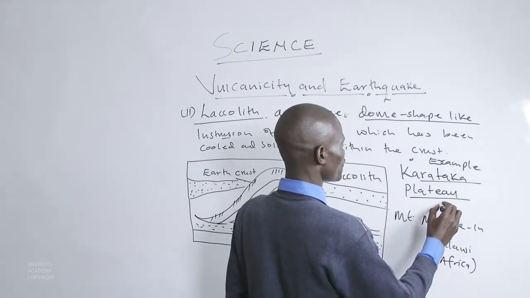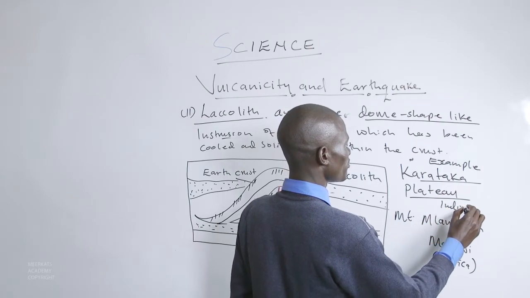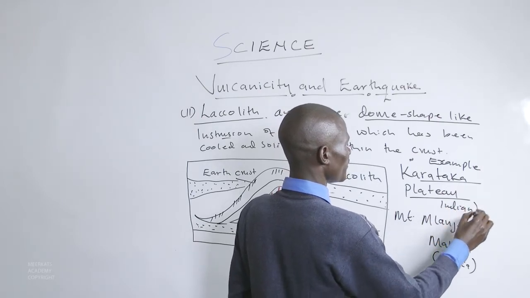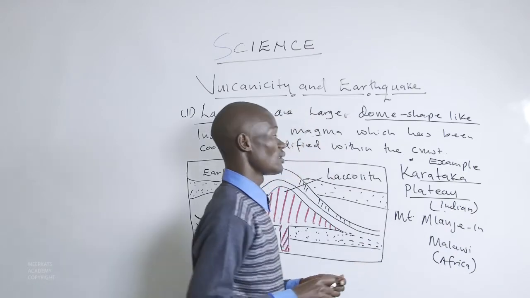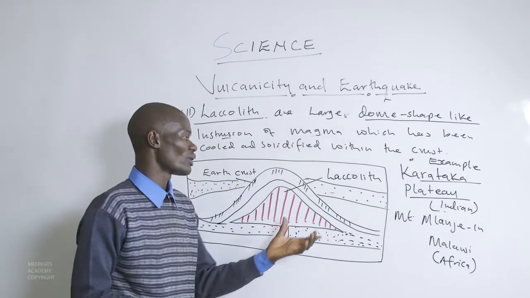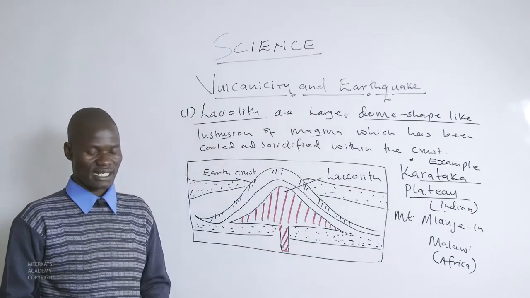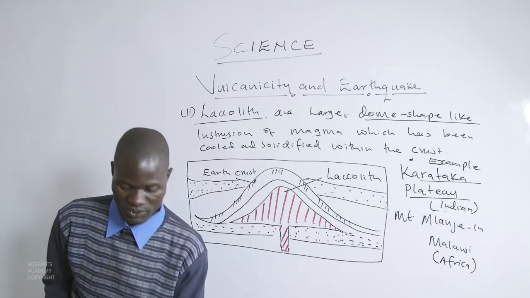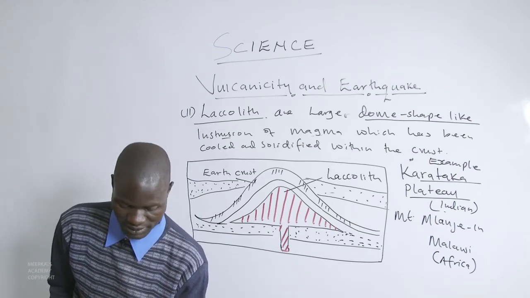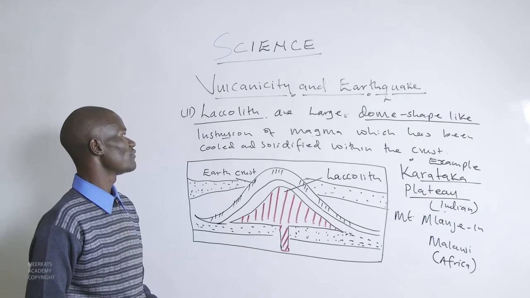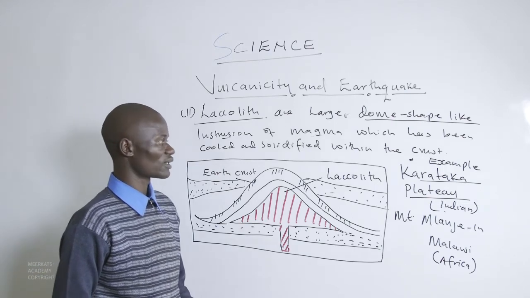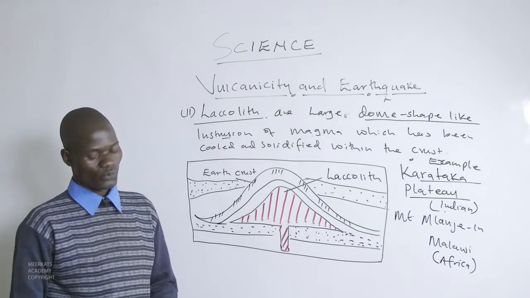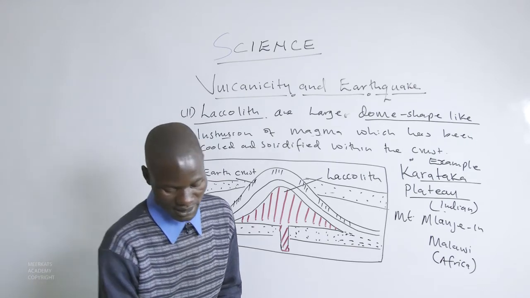And then this one is found in the Indian border between the Deccan Plateau, where we will be able to see such an intrusive feature that we refer to as a Laccolith.